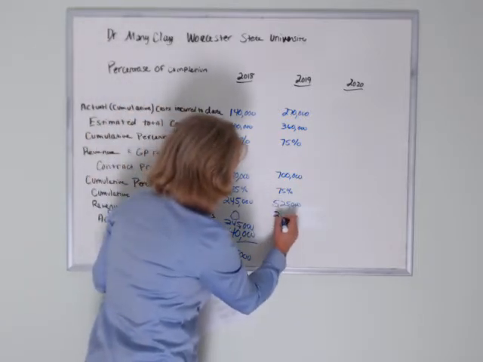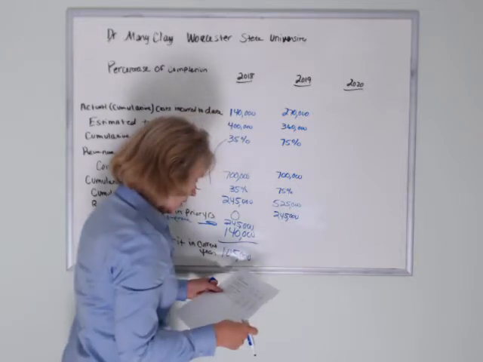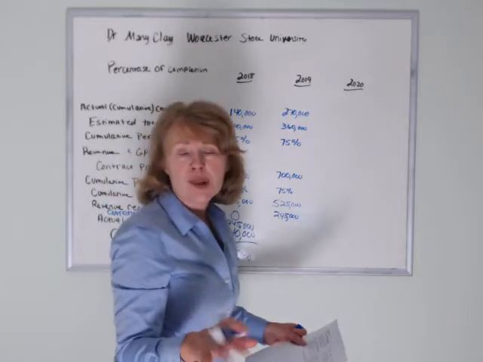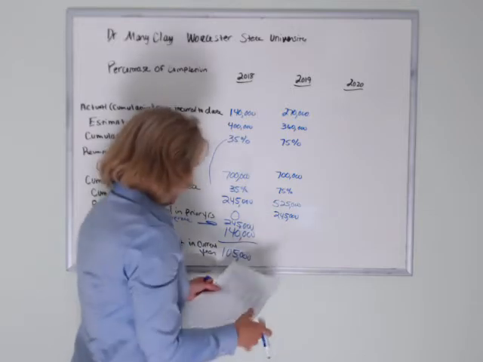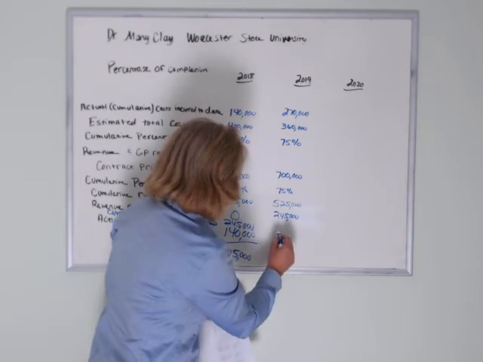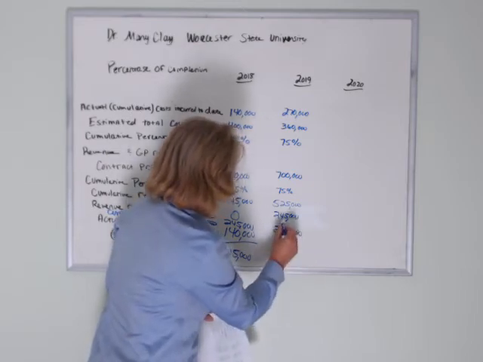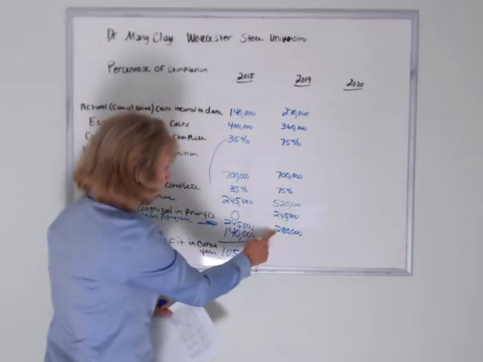Don't forget to subtract that out. Do they show that? No. They don't show it in the lab, so I don't want you to get confused, but that's a negative number. 525 minus 245 gives you 280,000, because you've already recognized 245, so you don't overcount. You will only recognize 280.